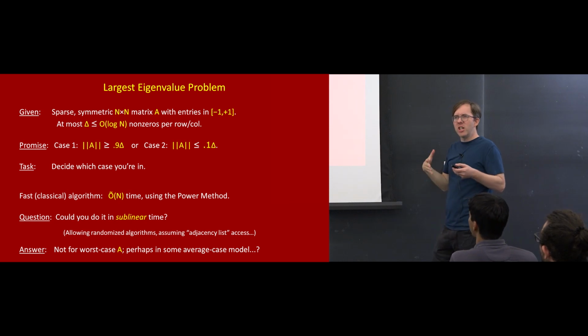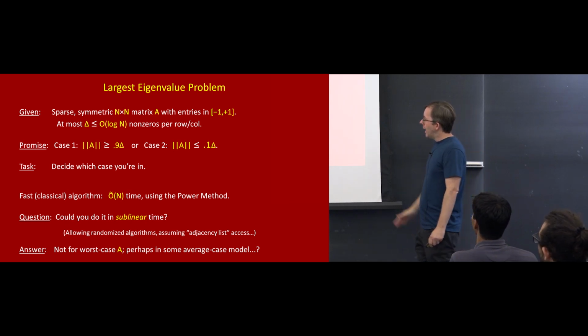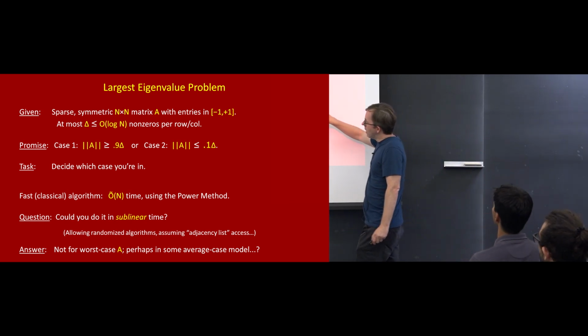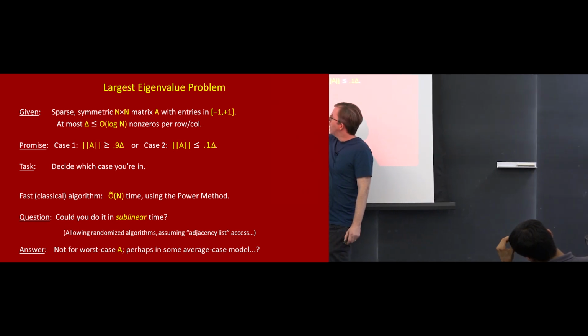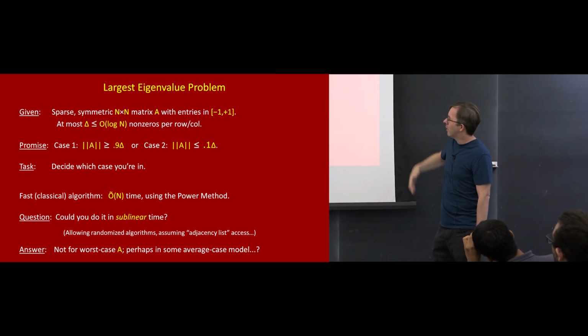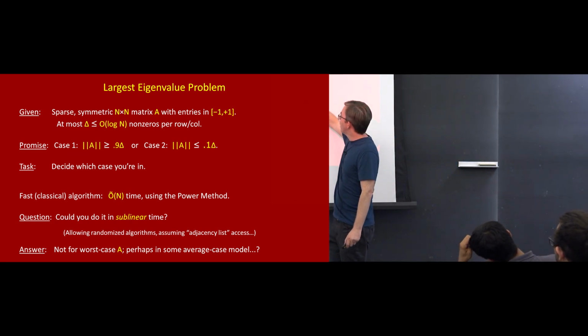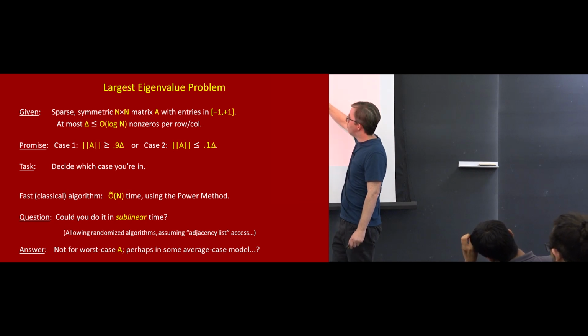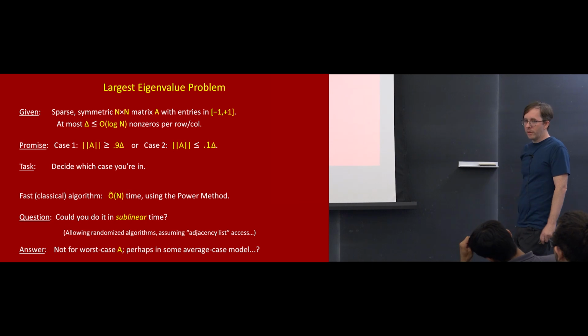So you can think of this as the adjacency matrix of a sparse graph where there are edge weights that are plus or minus 1, if you like. And again, it's kind of a promise problem. For simplicity, I'll assume this matrix you're given either has a really large eigenvalue, or spectral norm, some eigenvalue that in absolute value is at least 0.9 times delta, where delta is the largest possible eigenvalue you could have. Or case 2 is that all of its eigenvalues are bounded in absolute value by 0.1 times delta. And you have to tell the difference between these two cases.